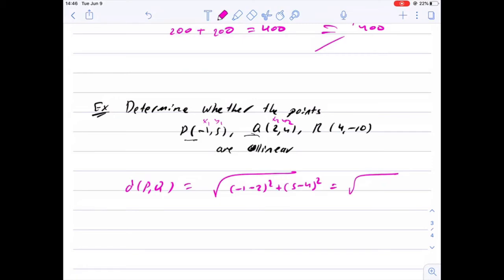And this is the square root of -3 squared, 9, plus 1 squared, which is the square root of 10.